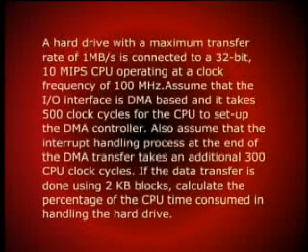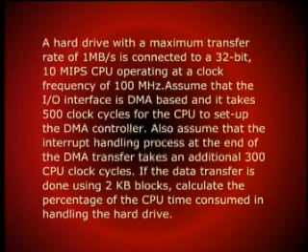Let us look at another example where we explicitly deal with the overheads as well. We have a hard drive with a maximum transfer rate of 1 megabyte per second. It is connected to a 32-bit CPU with a performance figure of 10 MIPS, that is 10 mega instructions per second. The clock frequency is 100 megahertz.